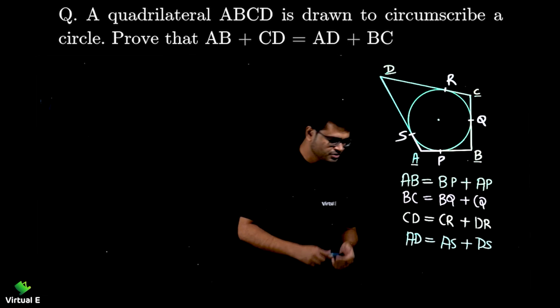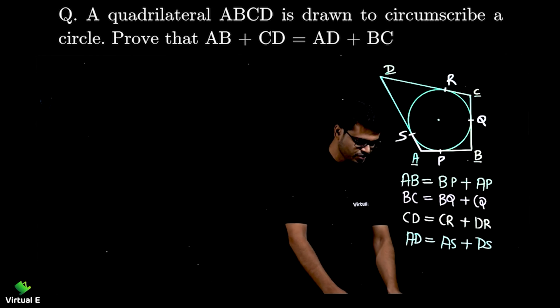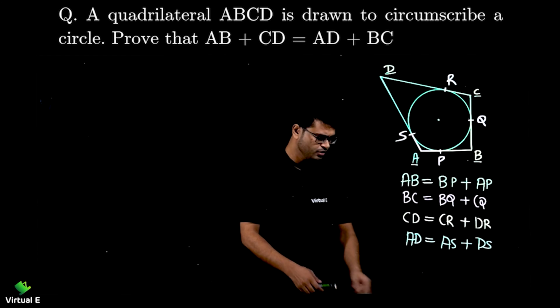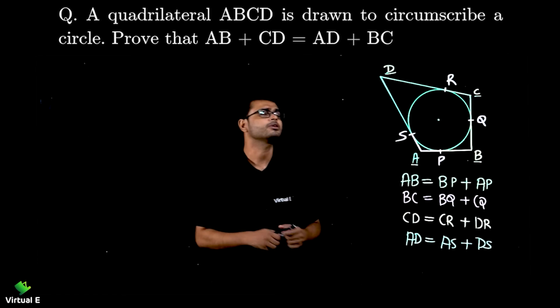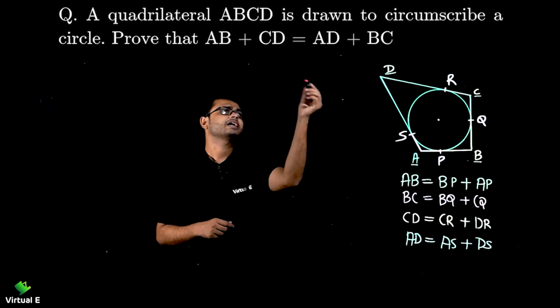Now let's start with the tangents of the circle. How shall we proceed with the tangents? We know very well what theorem we are going to use: tangents from the external point.